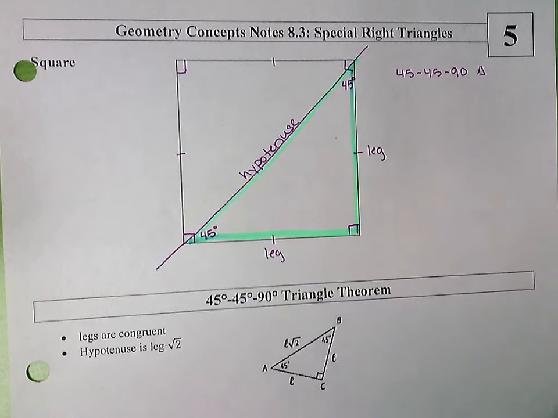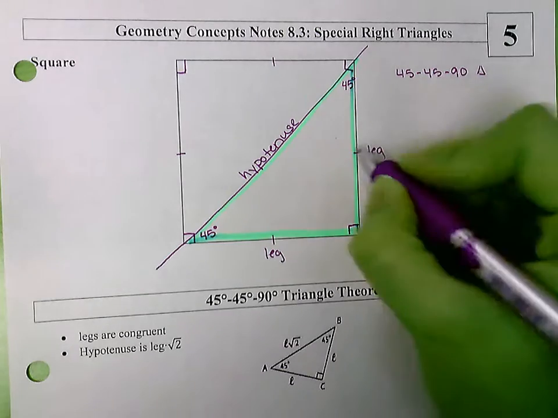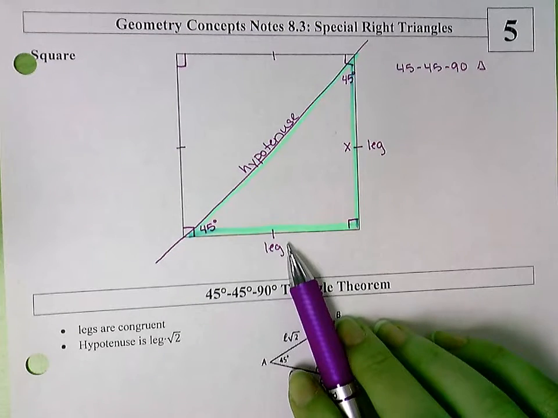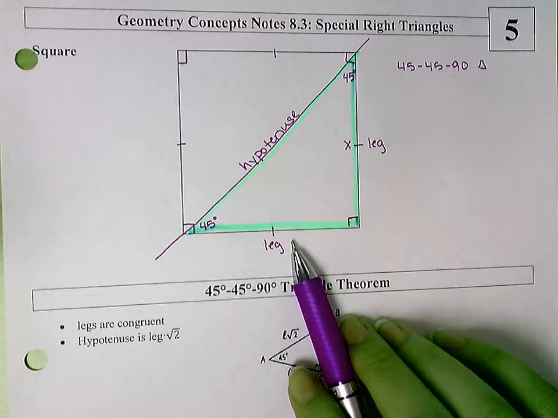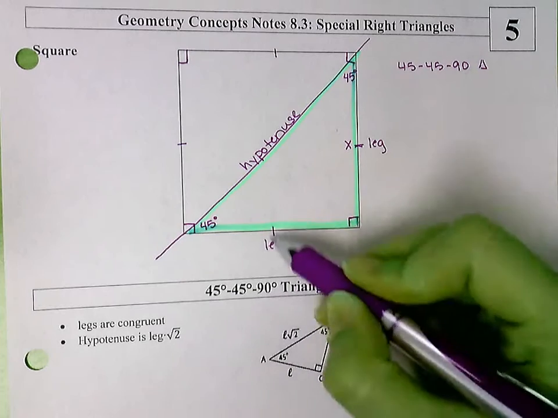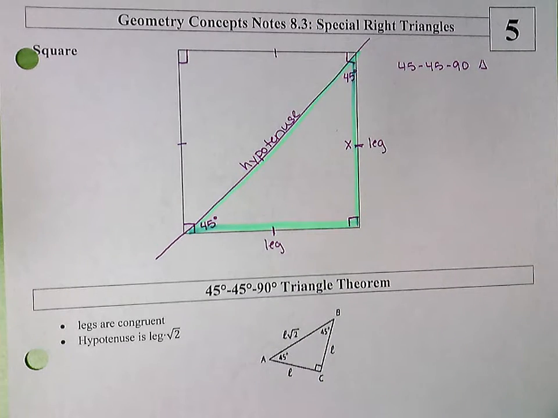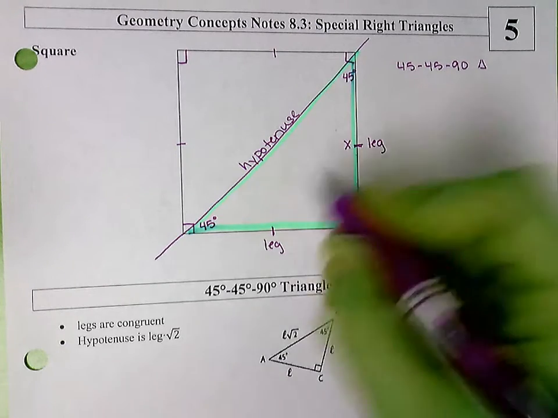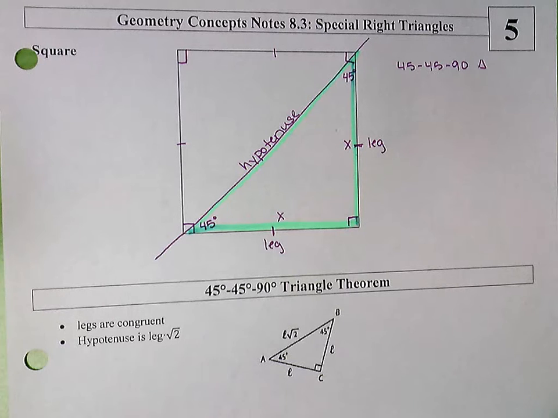Now, if I label this side as X, what does that make this side? What do these markers mean? They're congruent, so if this side is X, this side is X. So in a 45, 45, 90 right triangle, your legs are going to be the same. They're going to be the same length.